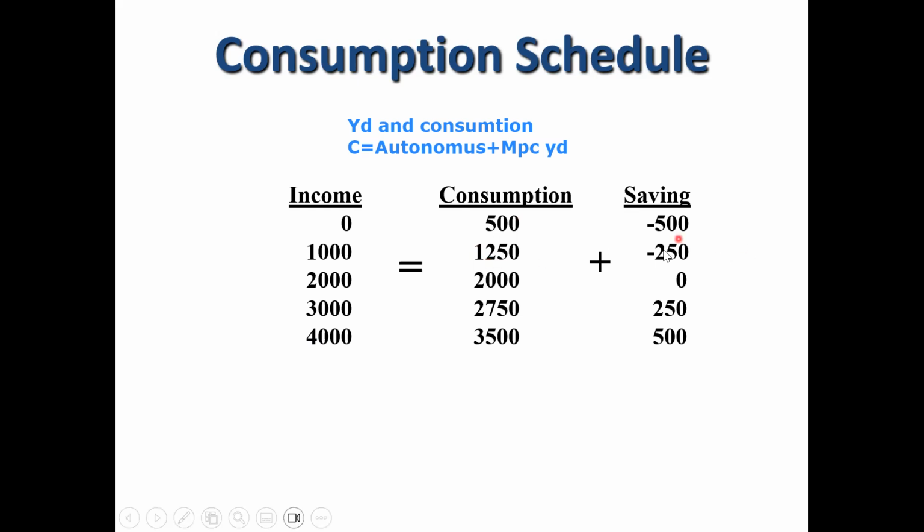And then we have a negative amount in saving, because consumption plus saving must equal income. Then we have 2,000 of income, 2,000 of consumption, and 0 saving. At this point, income is exactly equal to consumption with 0 saving, and this is a turning point.